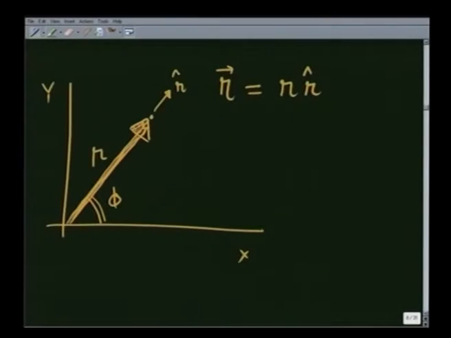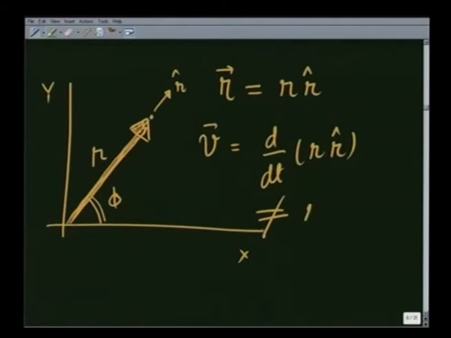Velocity is going to be d over dt of r times the unit vector r, and this is not equal to just r dot times unit vector r, because the particle is not just moving in this direction, it is also moving in this direction.